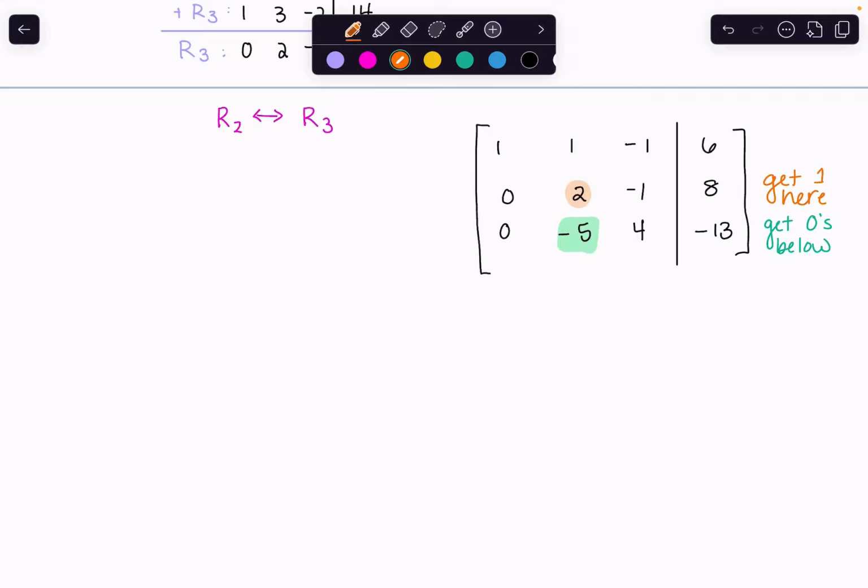So starting out, I want to make that a 1. So we're going to take row 2, we're going to divide it by 2, and it becomes my new row 2. So again, nothing changes in the first row, but now dividing the second row by 2 gives me 1, negative a half, and 4.